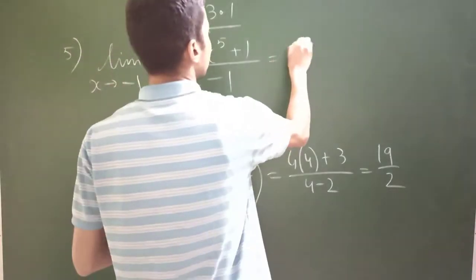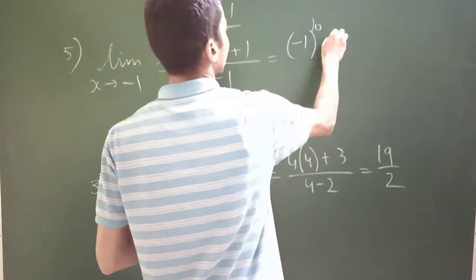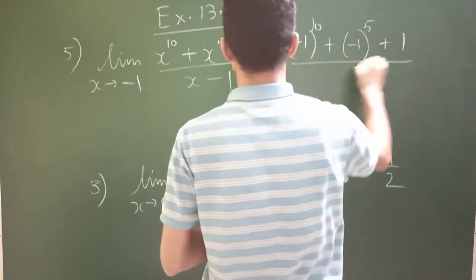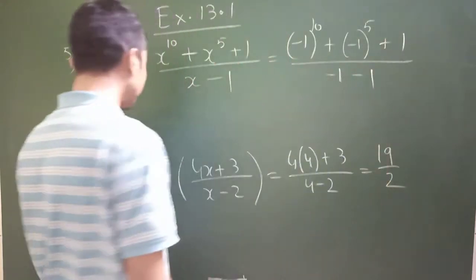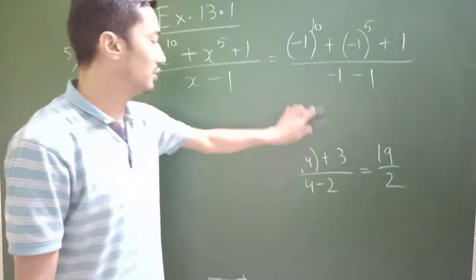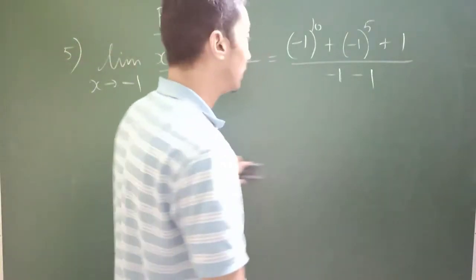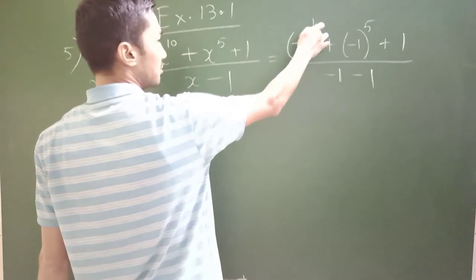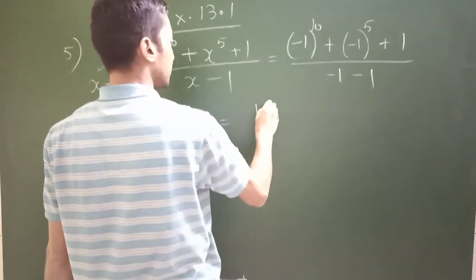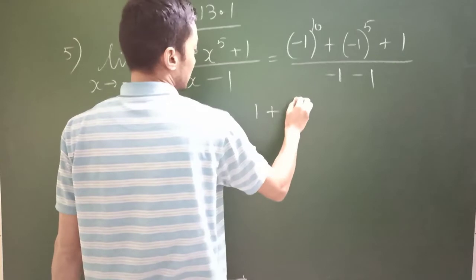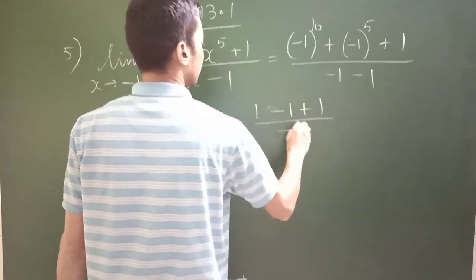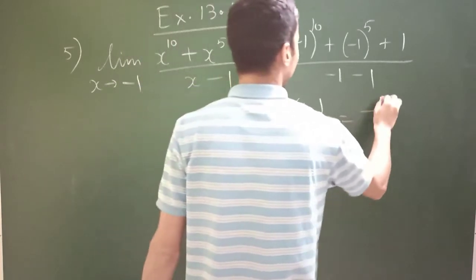So I can just substitute: (minus 1) whole power 10, plus (minus 1) whole power 5, plus 1, all divided by minus 1 minus 1. For an even exponent, the value is positive; for odd, it is negative. So plus 1, minus 1, plus 1, and the 1s cancel, so we have minus 1 by 2.